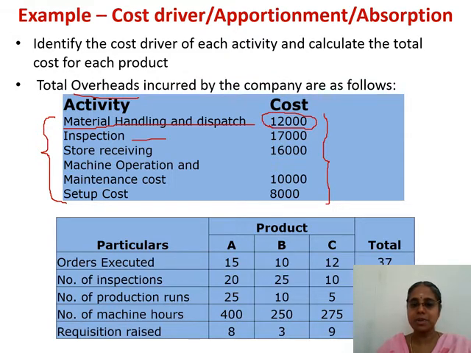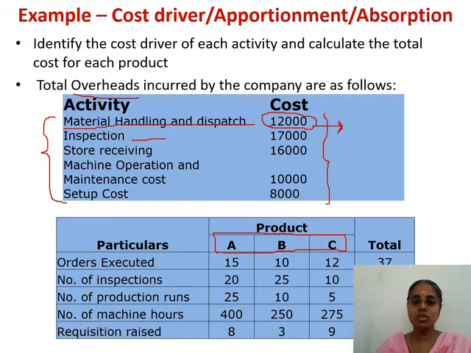Material handling and dispatch: you have all 3 products produced in a company, and for the material handling and dispatch of these 3 products, the total cost is 12,000. These are not separate costs and they are not direct costs.